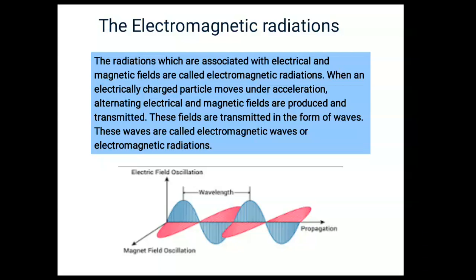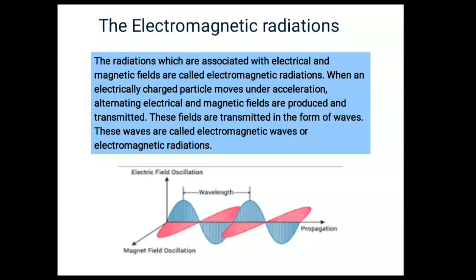Now in 1870, James Clerk Maxwell stated that light, X-rays, gamma rays and heat emit energy continuously in the form of radiations or waves, and the energy is called radiant energy. And these waves are associated with electrical and magnetic fields.